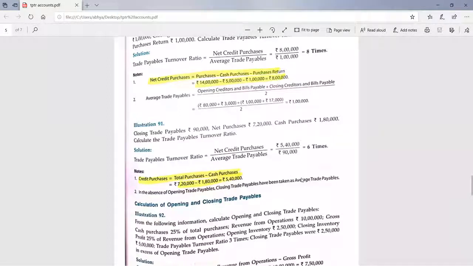Cash purchases 25% of total purchases. Revenue from operations 10 lakh. Gross profit 25% of RFO.